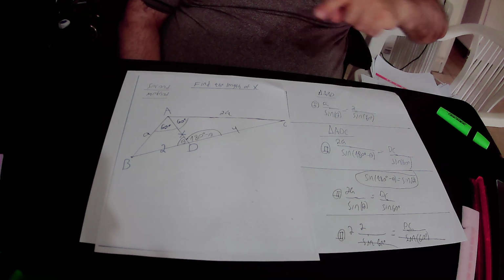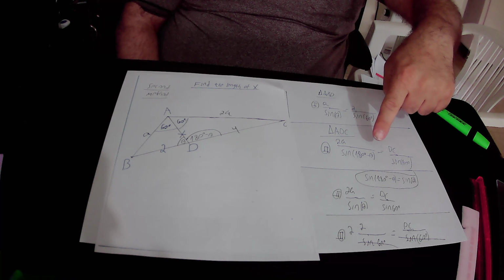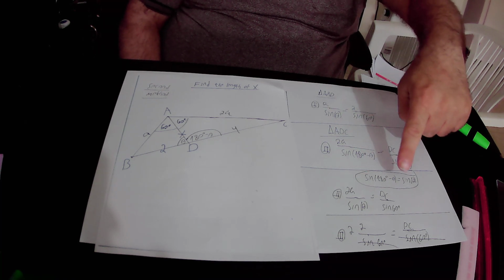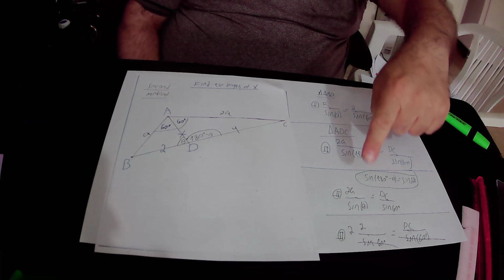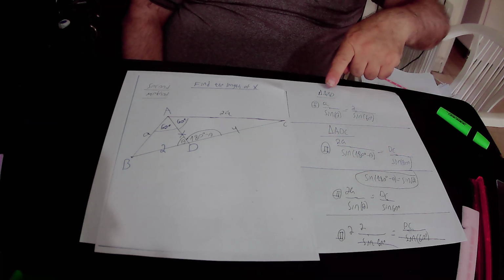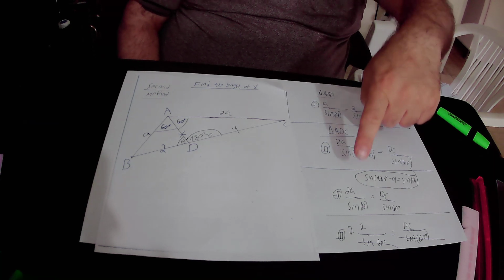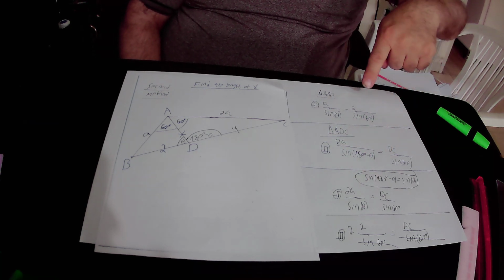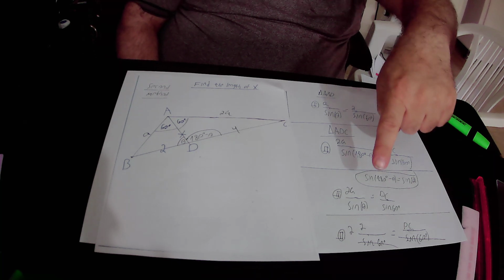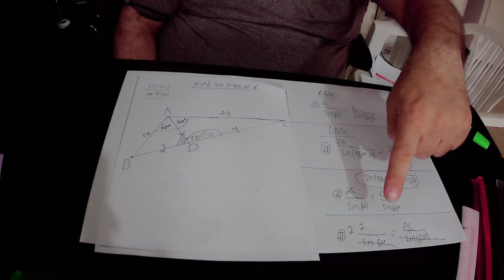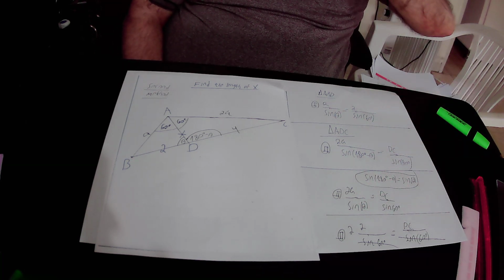We did it and got 2a over sine theta equals DC over sine 60 degrees. Here, a over sine theta, according to equation number 1, equals 2 over sine 60 degrees, so we can substitute it. We got 2 times 2 over sine 60 degrees equals DC over sine 60 degrees.